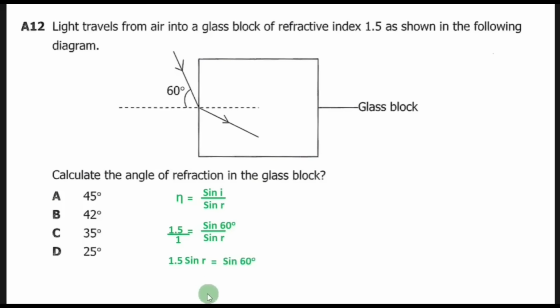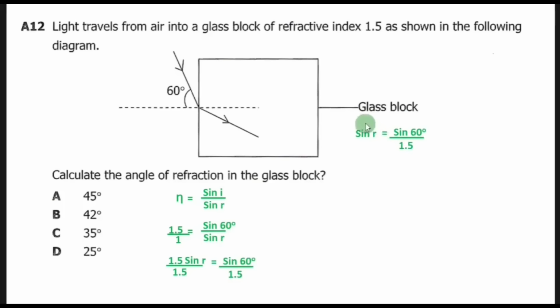Then to remain with r, we divide by 1.5, so the 1.5s cancel, and we have sine r is equal to sine 60 divided by 1.5.